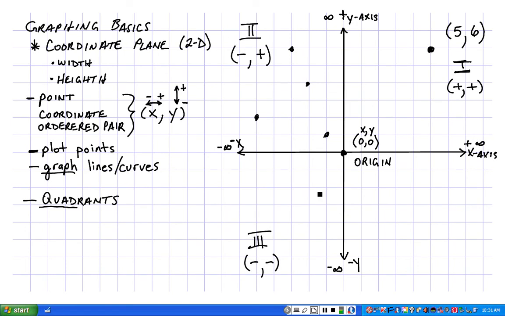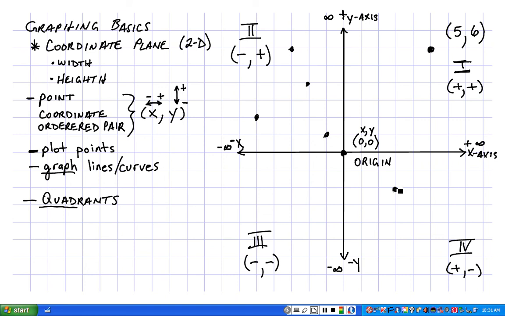So any point in this space will be considered quadrant 3, and all points in quadrant 3 have a negative value for x, negative value for y. And lastly, we have quadrant 4, positive x, negative y. So now we're back to the right of the origin, that's why our x is positive, but we're still below the origin, so our y is negative.